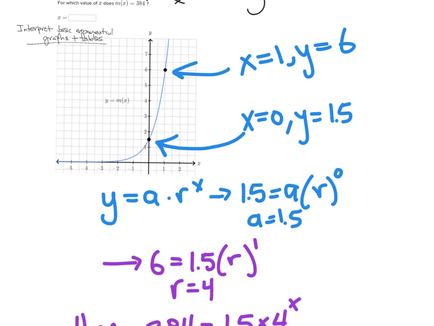So at this point we know our equation is y equals 1.5 times something, the base, to x. The other point is going to give us enough information so we can figure out the base.